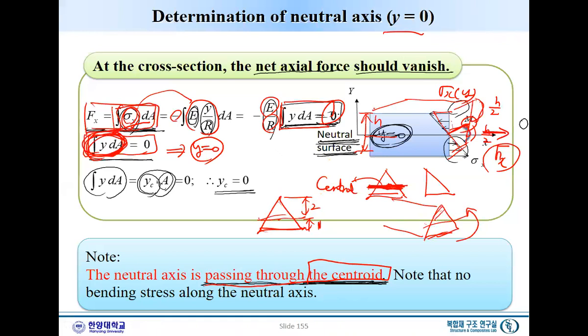So this area will be under compression, and this area will be in tension, right? So this compression and tension summation should disappear, right? So if we have more area at the top, this distance has to be smaller. So by definition, that gives us the centroid. Okay.